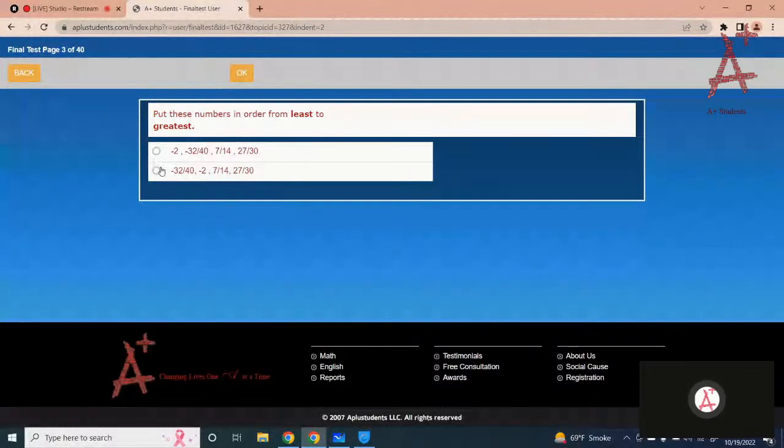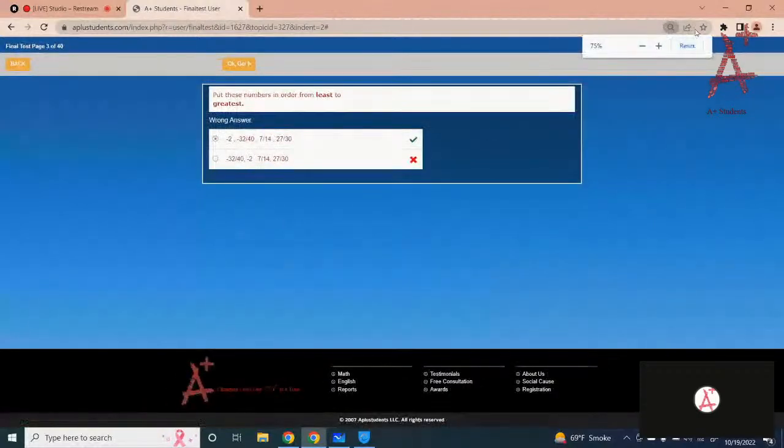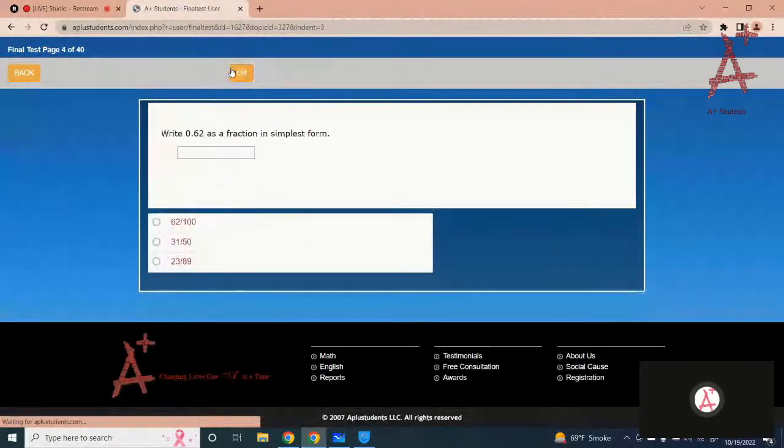Select the correct option and then click on the OK button. Okay, sorry, the first one is the correct one. Negative 2 is the smallest one. Then you have negative 32 by 40, then 7 by 14, and then 27 over 30. Got it?